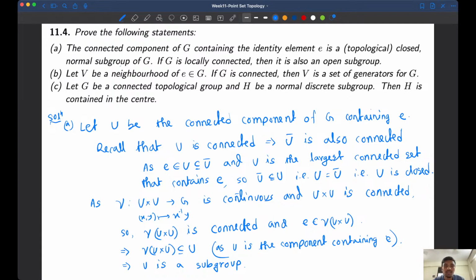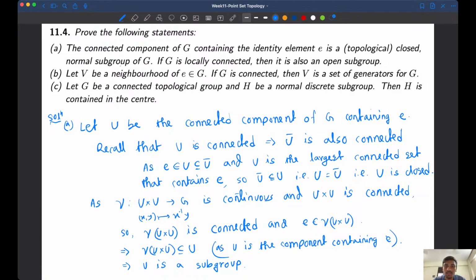Similar kind of thing we have to do here. If we have a neighborhood V of E, and G is connected, we will show that the subgroup generated by this V is the whole of G.